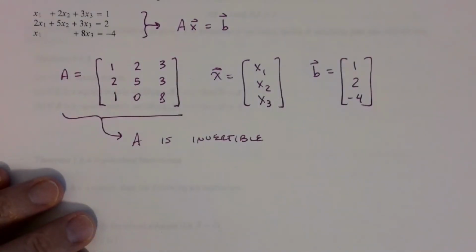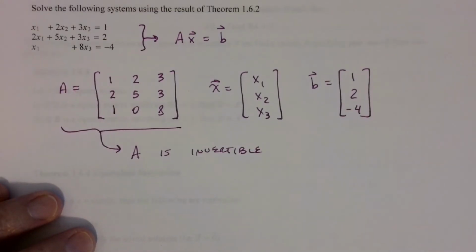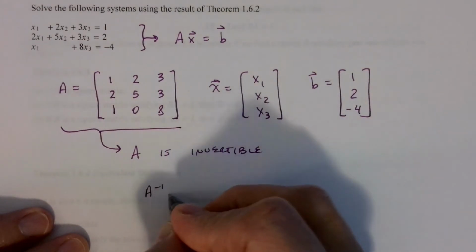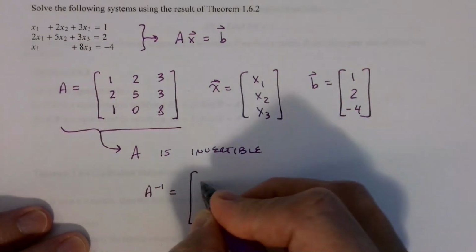And I'd like you to go through the inversion algorithm on this matrix. I just did an example in the previous set of lectures on the inversion algorithm, and working an example, you should be able to find the inverse of this matrix. And here it is.